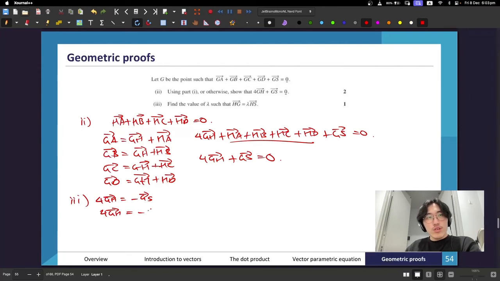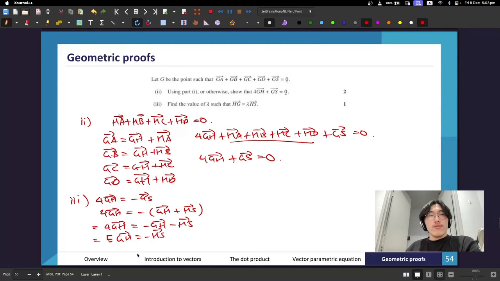So we could do GH plus HS, which is the same as 4GH equals negative GH negative HS, which is 5GH equals negative HS.